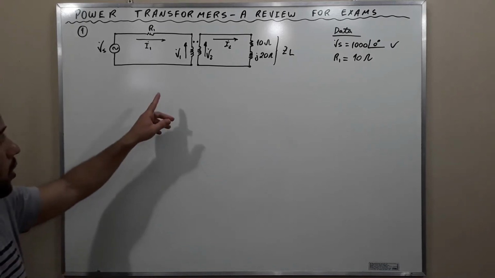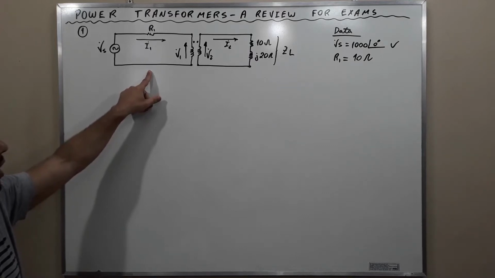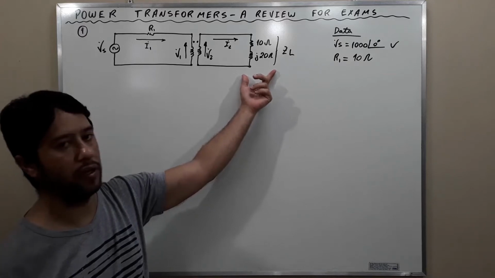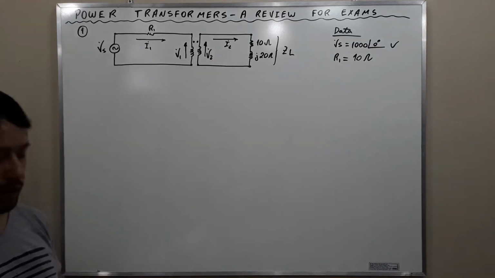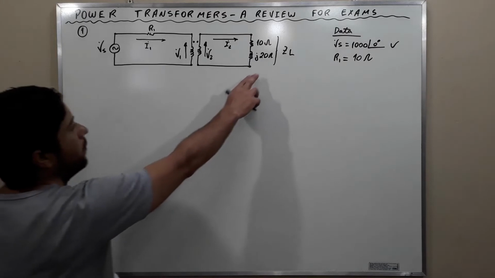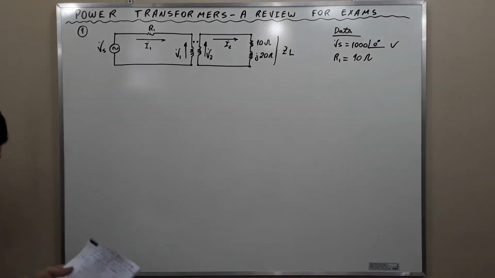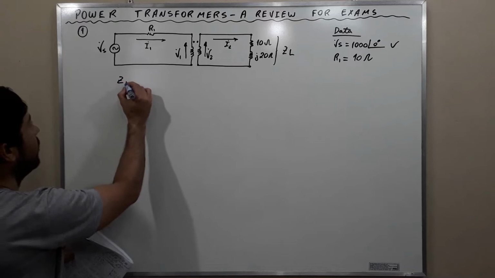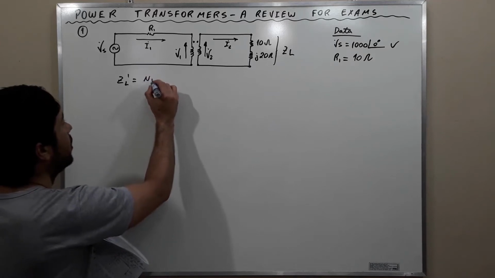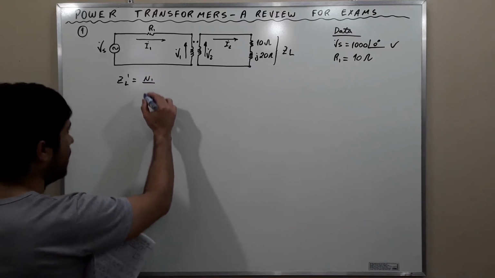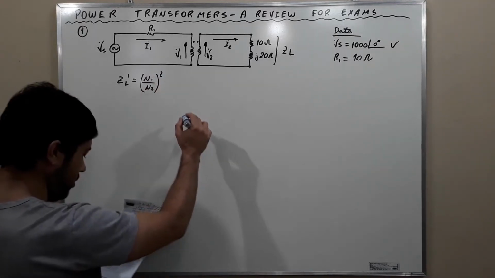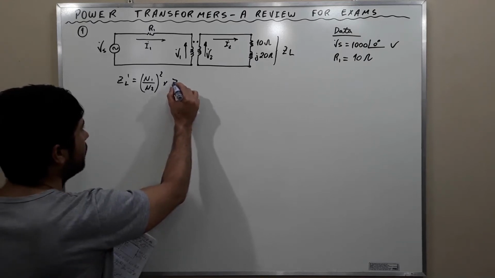Firstly, to calculate the voltages and currents, we have to refer this impedance to the primary side of the transformer. It is going to be ZL prime equal to (N1 over N2) squared times ZL.